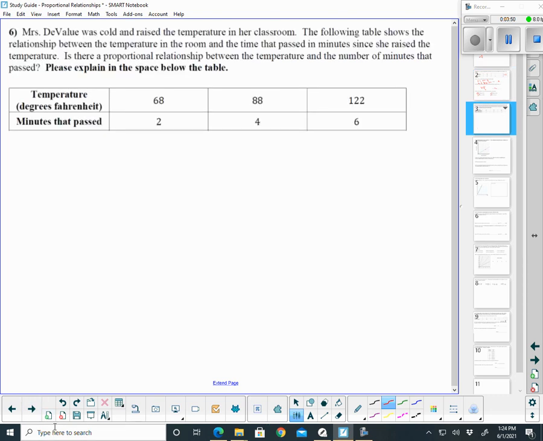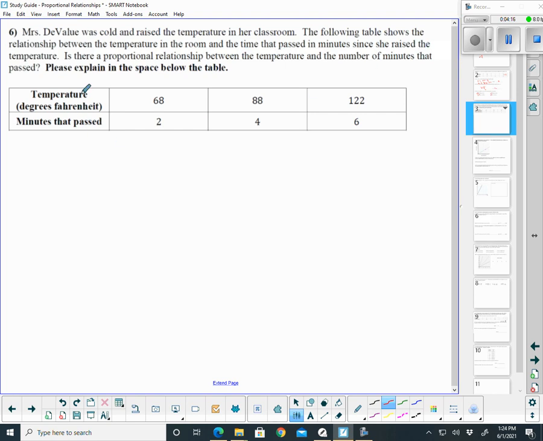All right, for number 6, excuse me for a second. For number 6, we have Mrs. DeValue was cold and raised the temperature in her classroom. The following table shows a relationship between the temperature of the room and the time that passed in minutes since she raised the temperature. Is there a proportional relationship between the temperature and the number of minutes that pass?